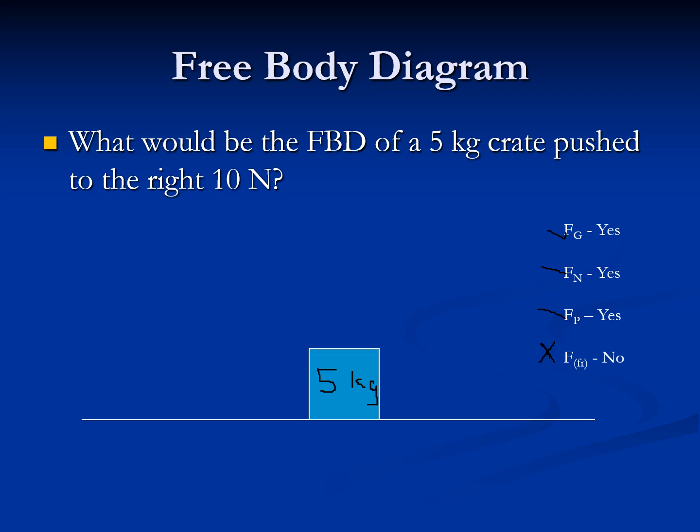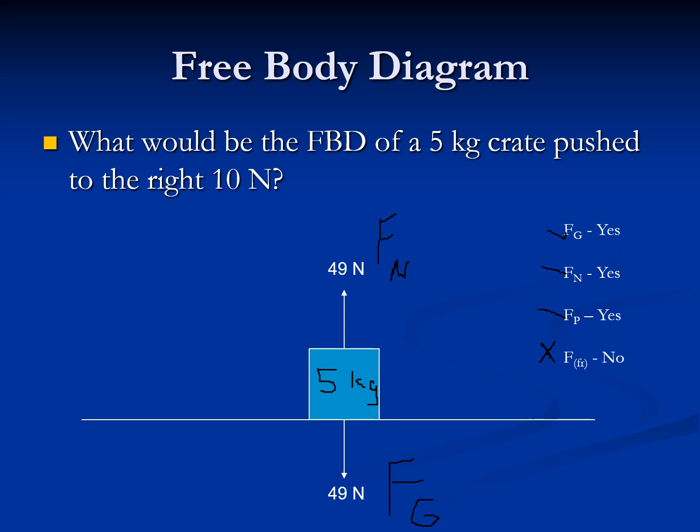So how is this free body diagram going to look? We have 3 forces, so that means we have 3 arrows. That arrow is the F of G. Mass times gravity. Exact same mass as the last situation. This is the normal force, F of N. The normal force cancels the gravity.